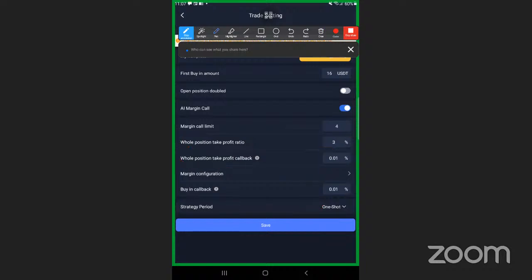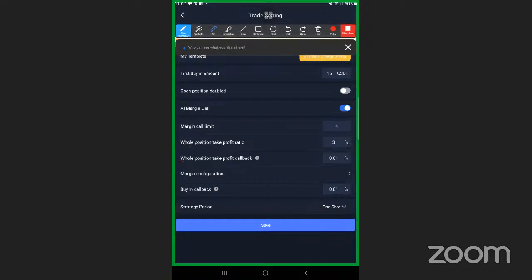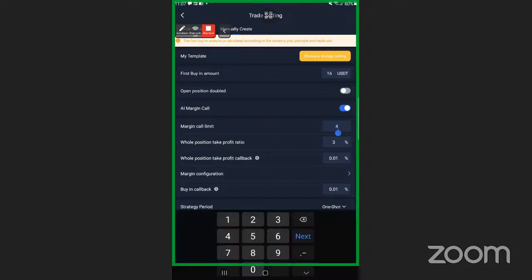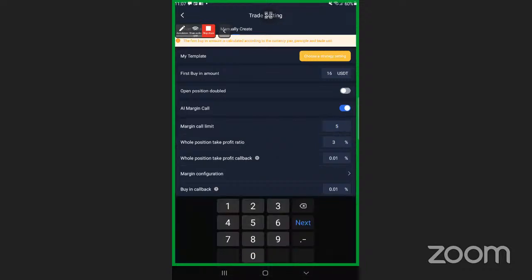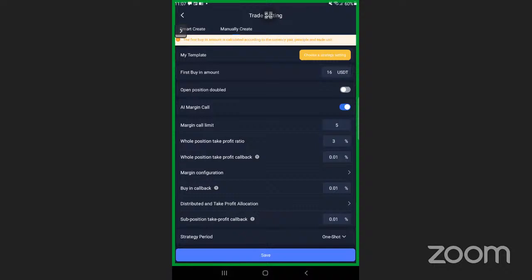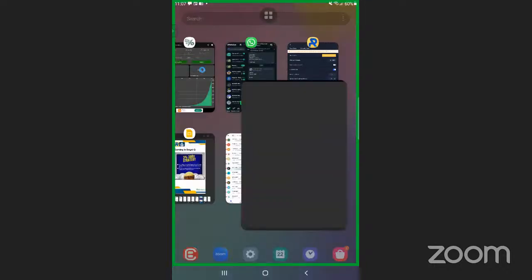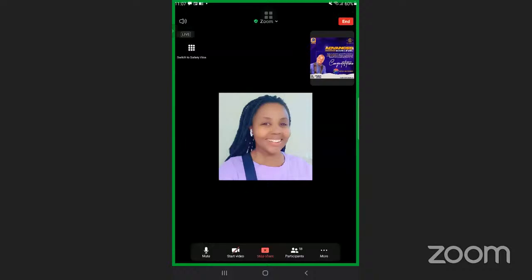Are we together? So when I change my margin call limit here and put 5, you are going to see that distributed will be back because it has got work to do. Does it make sense, guys? Give me a yes if it makes sense.